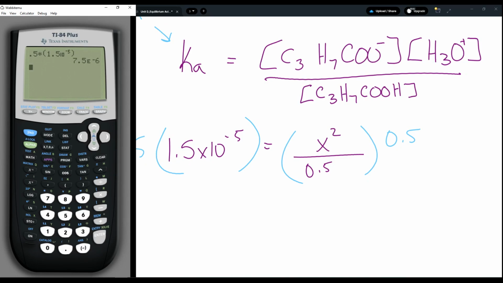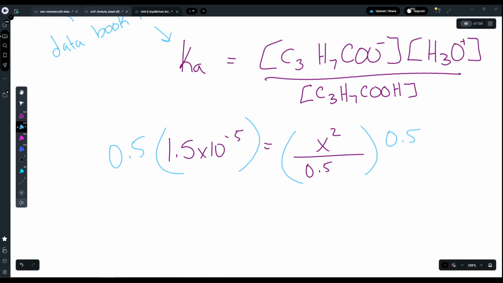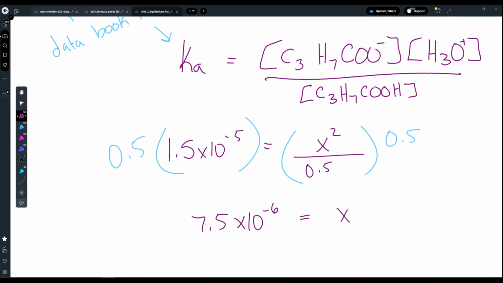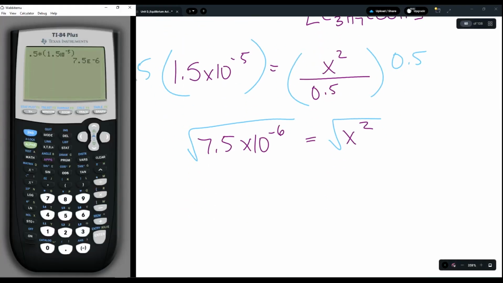So 7.5 times 10 to the negative 6 is equal to x squared. The opposite of squaring is square rooting. So then second function x squared to get the square root, second function answer. So we get 0.002738, goes on forever.